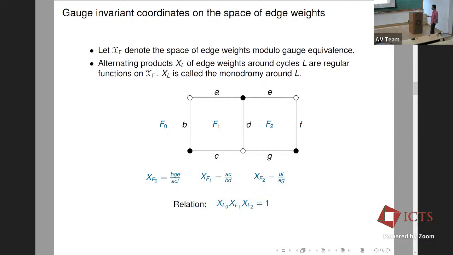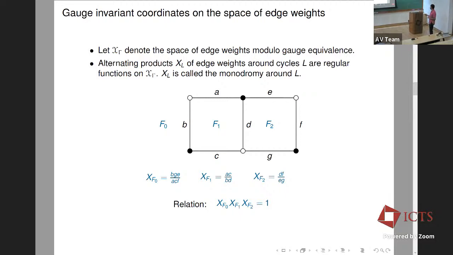Yeah, all of this requires the bipartiteness. So really you have such an X associated to every oriented cycle. We are just defining the boundary of a face to be oriented counterclockwise.